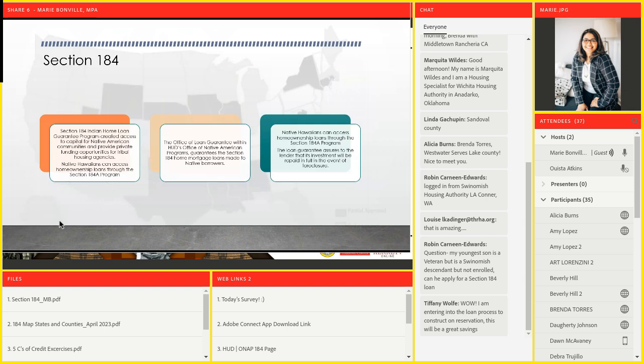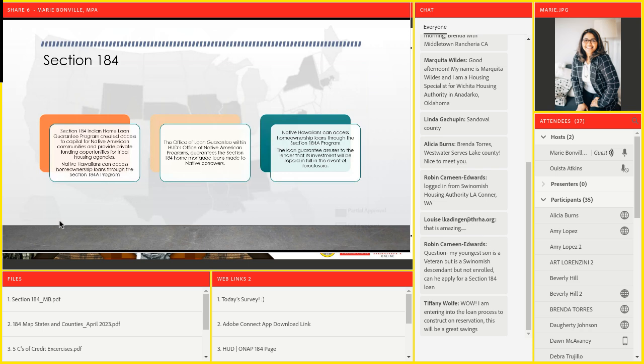So going back to Section 184, it was designed to create and increase capacity and create capital in Native communities. Our sister communities, the Native Hawaiians, can access the Section 184A program. It's just a different act.